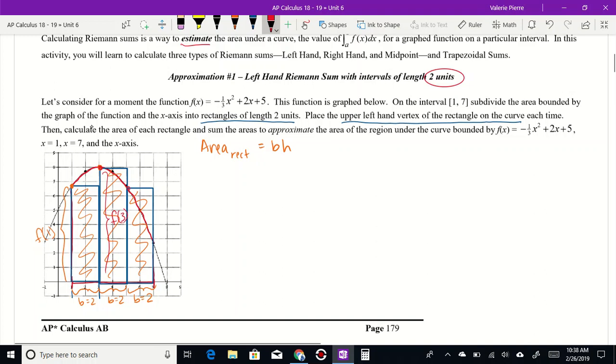And then the height of my third rectangle will be whatever value this point is, which will be f of 5.